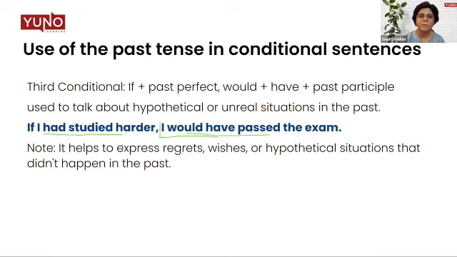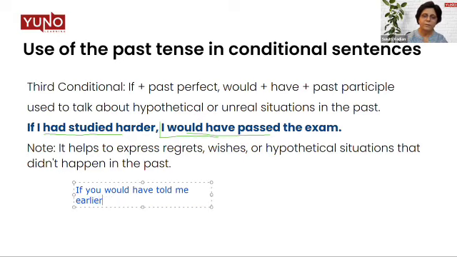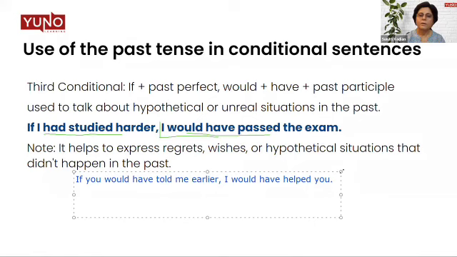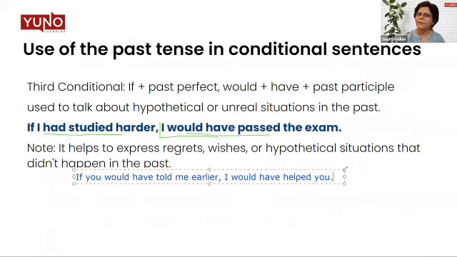A common mistake which people make is: if you would have told me earlier, I would have helped you. This is wrong. In the if clause, we do not use would, right? Now help me to correct it. अगर मुझे पहले बता दिया होता तो मैं help कर देती.